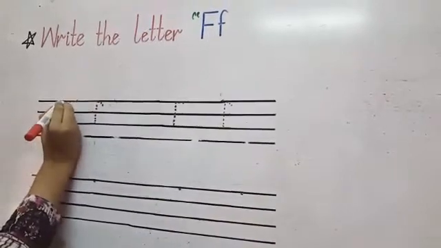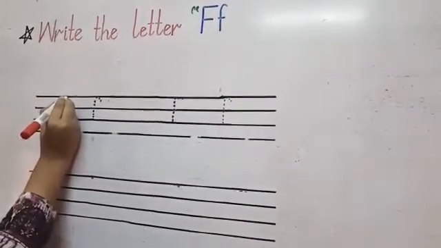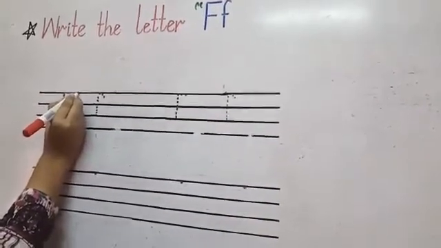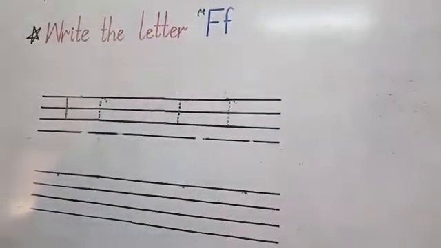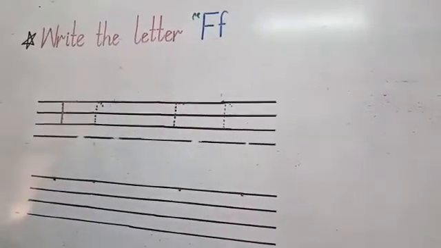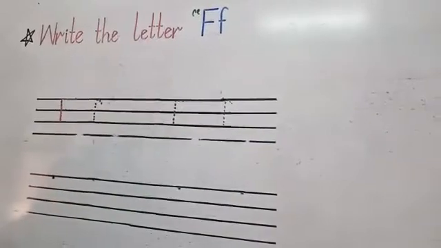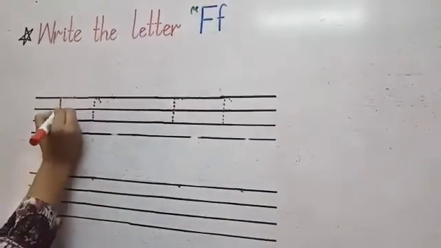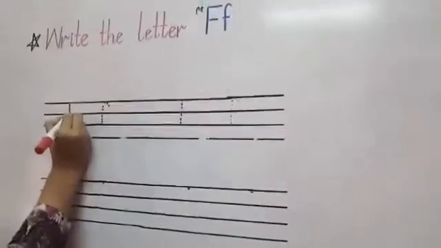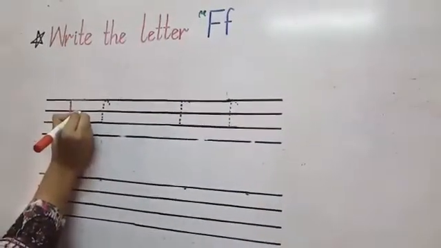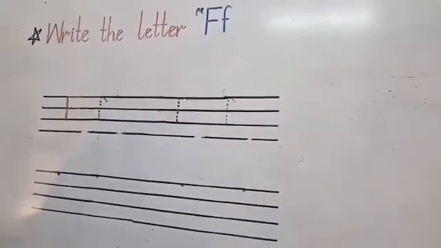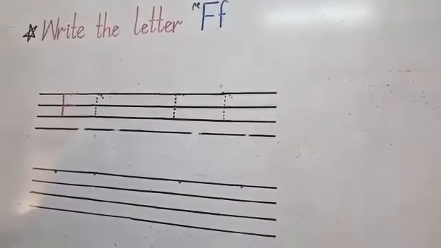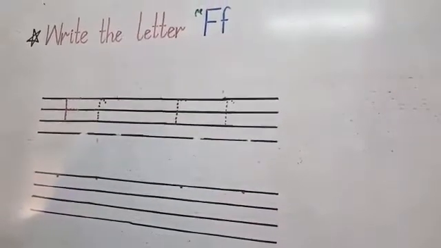Now make a first straight line in the first line like this. Follow the dot. Now we will make the second line in the second line. The second line will be smaller than the first line. It will become F. Now we write the sound in the first 3 lines.